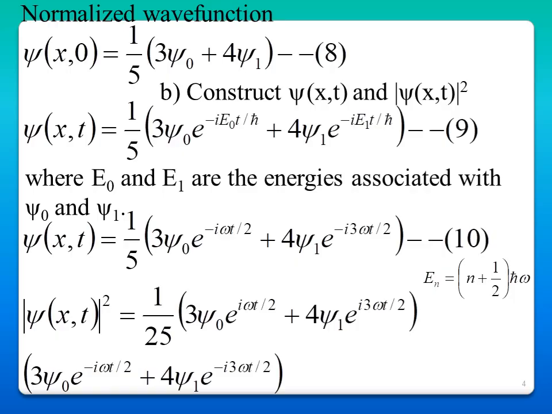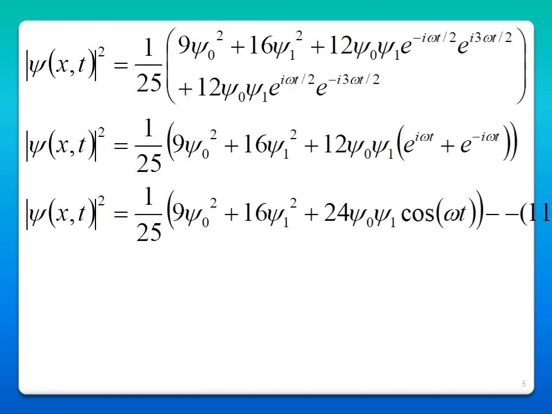So if you take the modulus squared, we get 1 by 25 times (3 psi naught e power i omega t by 2 plus 4 psi 1 e power i 3 omega t by 2) into (3 psi naught e power minus i omega t by 2 plus 4 psi 1 e power minus i 3 omega t by 2).